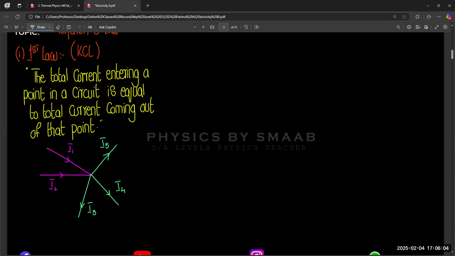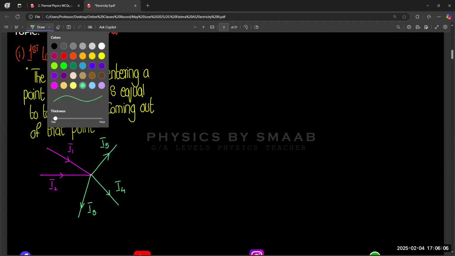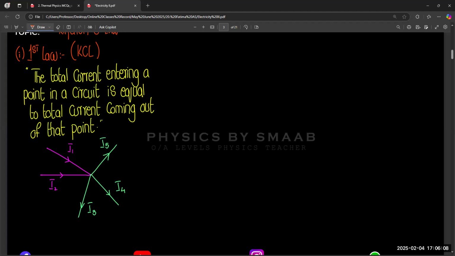Basically, three values of electric current are moving outward, and two values of electric current are coming inwards towards the point. So three are moving away from the point, two are moving towards the point. It means the total input of the current is equal to the total output of the current, right? This is the simple concept of KCL, Kirchhoff's current law.